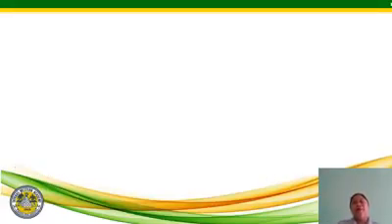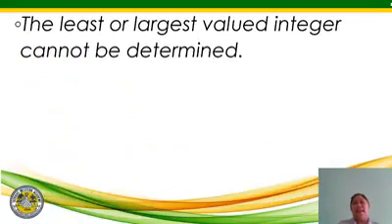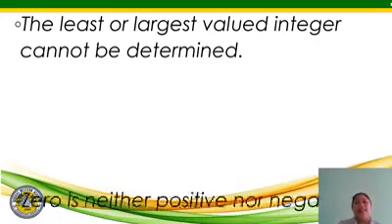Aside from that, we cannot determine the largest or the least value among the integers. Why? Because there are infinite integers. That's why we cannot easily determine the least nor the largest value among the integers.